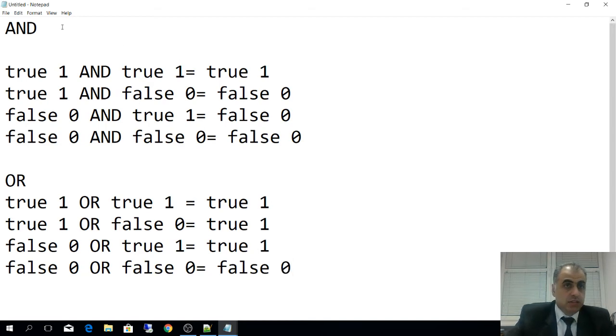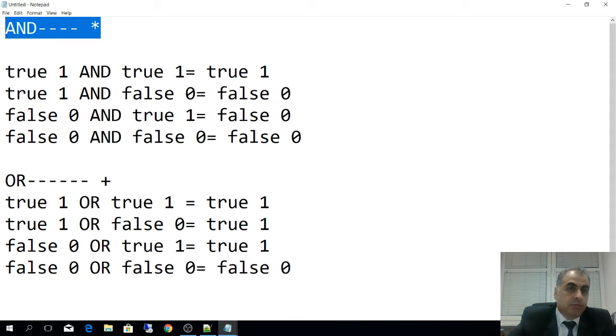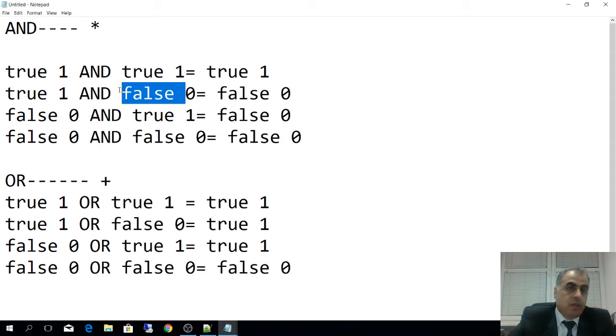Now to memorize: AND means multiplication, and OR means addition. So let's see. 1 multiplied by 1 is 1. 1 multiplied by 0 is 0. 0 multiplied by 1 is 0. 0 multiplied by 0 is 0. As you see, the AND operator is multiplication, and if any one of them is false, which is 0, the result is going to be 0.